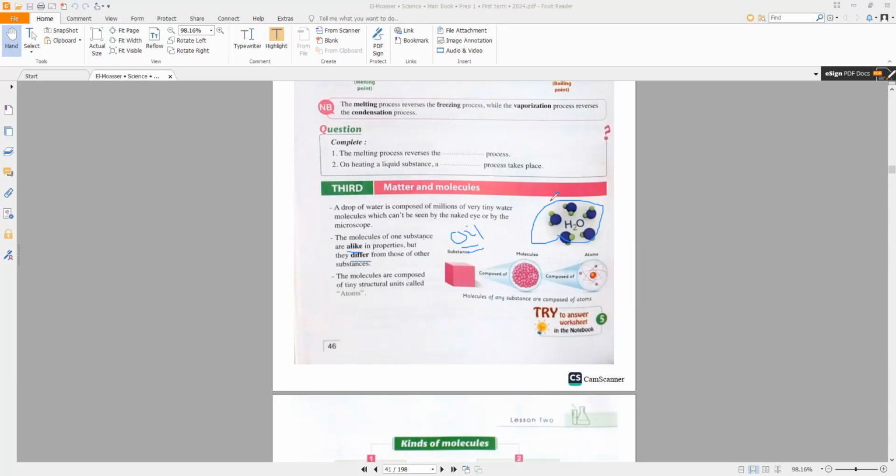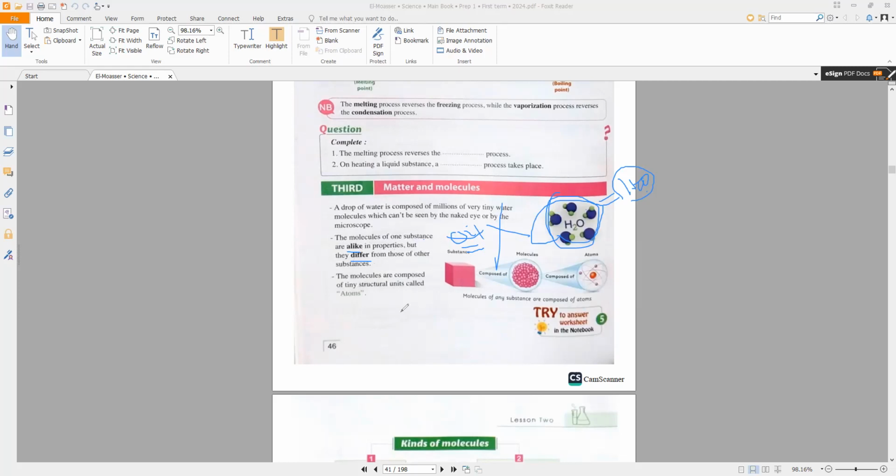One molecule of water is like another molecule of water, but one molecule of water is different from one molecule of oil. So the molecules of one substance, water, are alike, but the molecules of different substances are different.